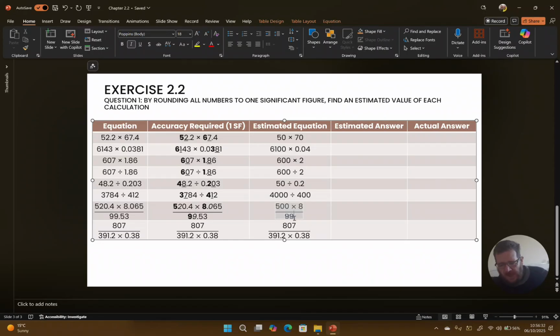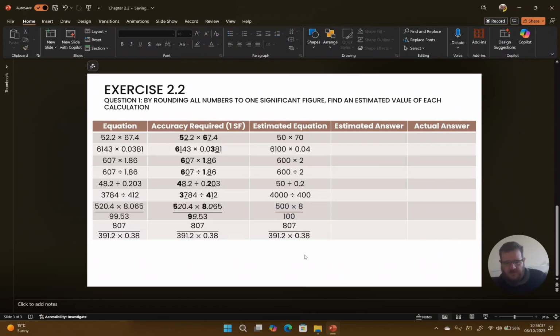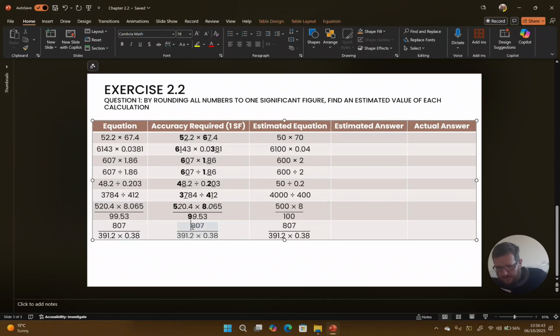And then that becomes 100 because 99 rounds up. And the next one we're going to look at is 807.